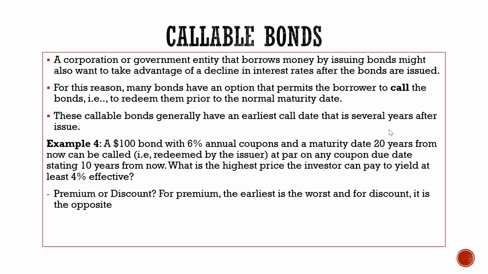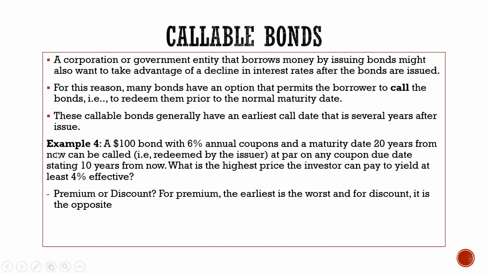So you don't expect this $20 to be spread too wide. So the latest redeemable day should be the worst. That's why here we have a conclusion. For premium, the earliest is the worst, and for discount, the latest is the worst.